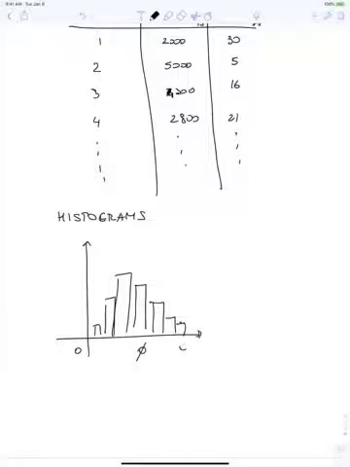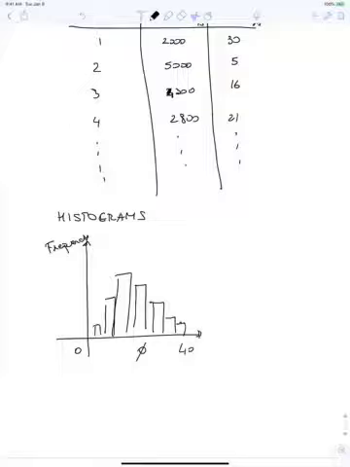So the upper bound might be something like 0.4, or sorry, this was in percentage, so 40%, and the lower bound could be something like 0. And this is the frequency. So this is the number of samples that are observed with that specific value.